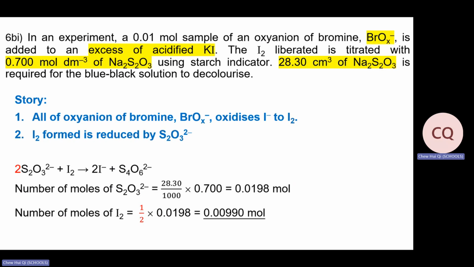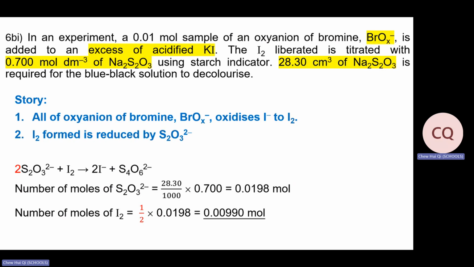After that, the I2 that is produced by bullet point number 1 will be reduced by your S2O3 2 minus. Now, in your moles and stoichiometry notes, the reaction of S2O3 2 minus and I2 is something you need to memorize. It's stated in the learning outcome. So you must be able to produce that balanced equation that I show you.